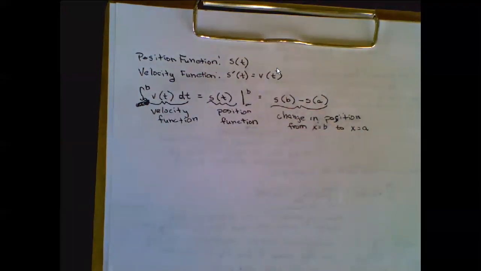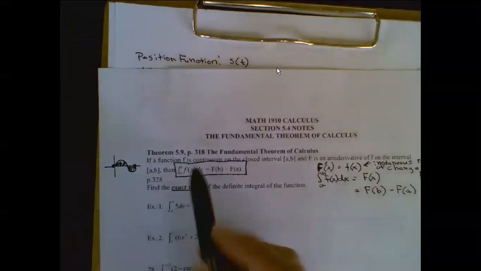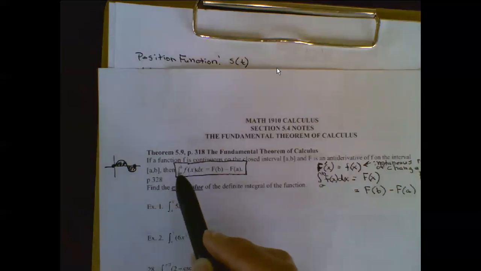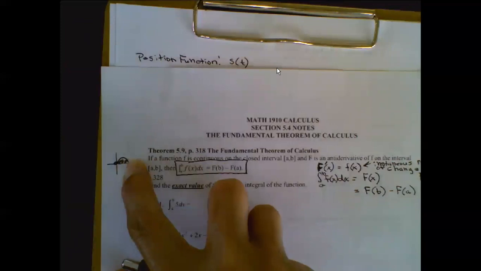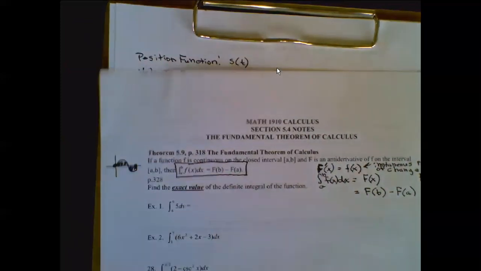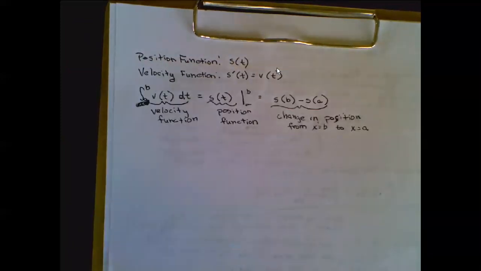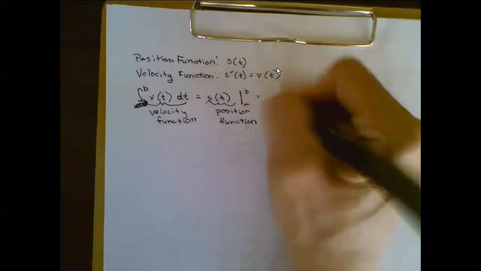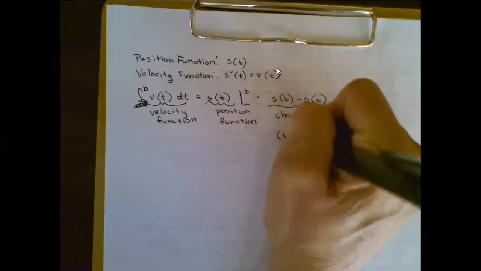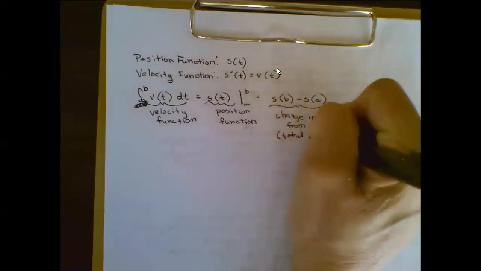So another interpretation of the definite integral: we've been talking about the interpretation of the definite integral as being area, as long as we're talking about an interval over which the function is positive. But another interpretation of the definite integral is called total displacement.